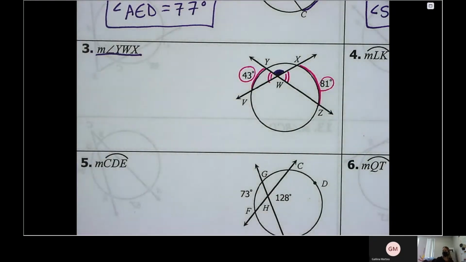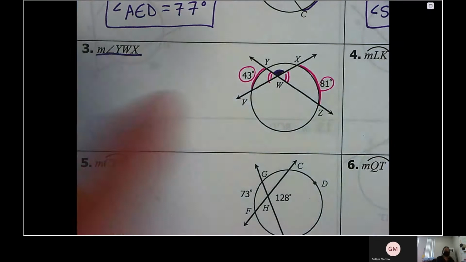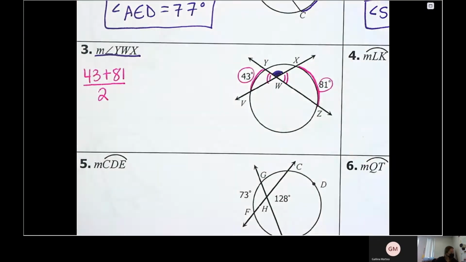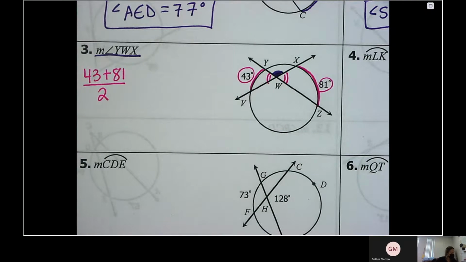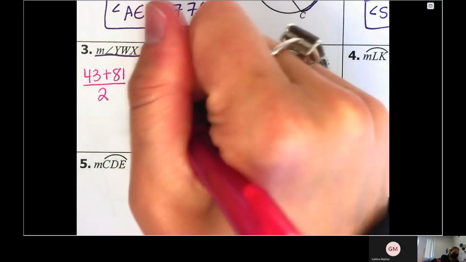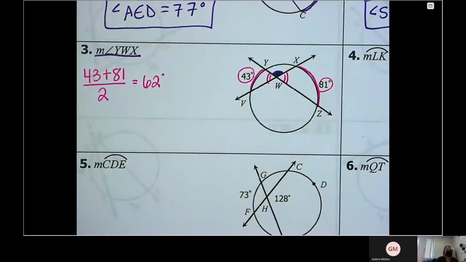What's my equation? Right, so add the 2 together and divide by 2. So 43 plus 81 and divide by 2. 62 is the answer, not 52. 62 and 52 are different numbers, by 10.